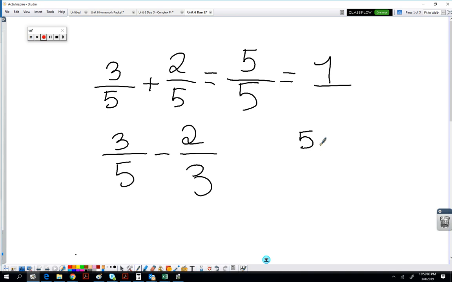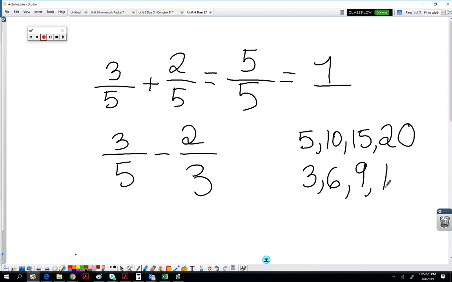So 5 times 1 is 5, 5 times 2, 5 times 3, 5 times 4. And then also you can do 3. 3 times 1 is 3, 3 times 2 is 6, 3 times 3 is 9, and then 12. So now your main goal is to figure out the smallest number that they both divide evenly into. And my LCM is 15.